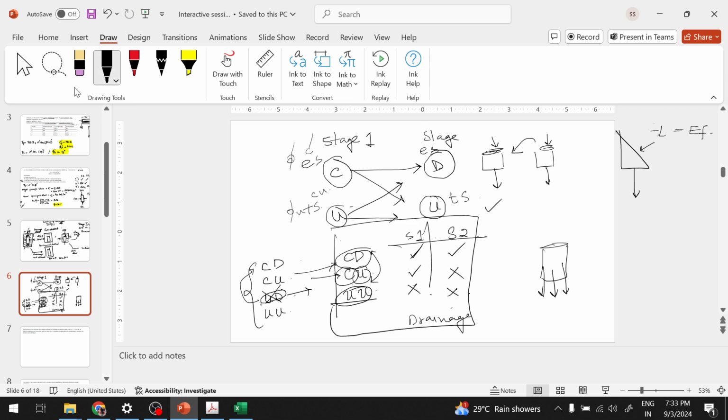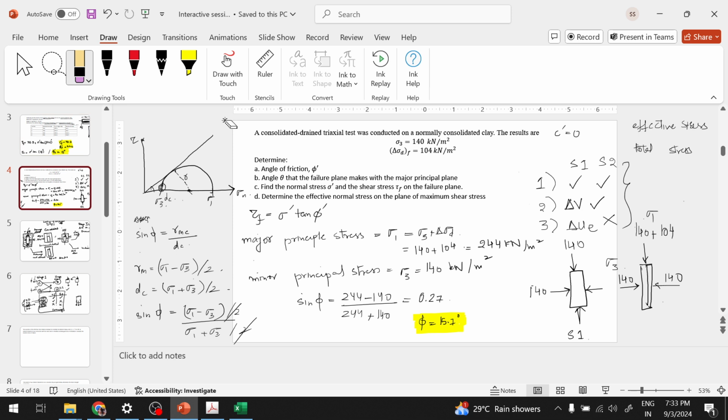So when we are talking about normally consolidated clay and consolidated drained, the thing that should come to your mind here is that because it is a CD test, we will have effective stress values.